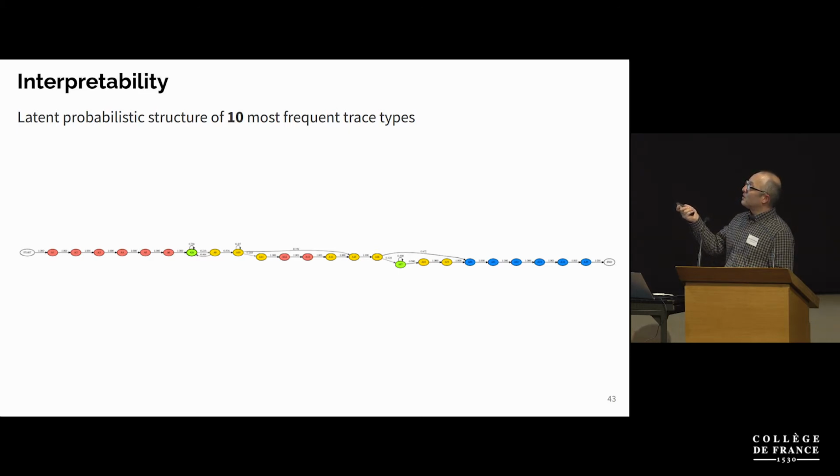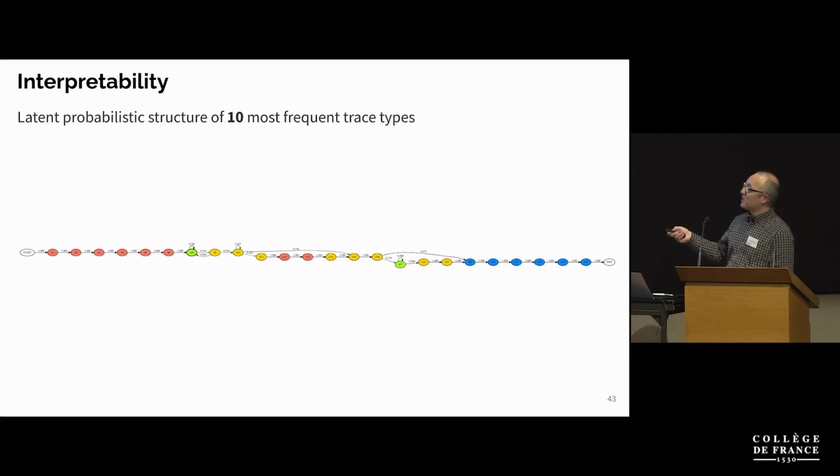For example, if you look at the 10 most common trace types you can get in the standard model simulator, you get this sort of structure. There's the start node, there's the end node, and these are addresses that always follow each other. And sometimes you have loops. This is a rejection sampler, for example. You sample several things, you sample something that has to do with the acceptance criterion, let's say.